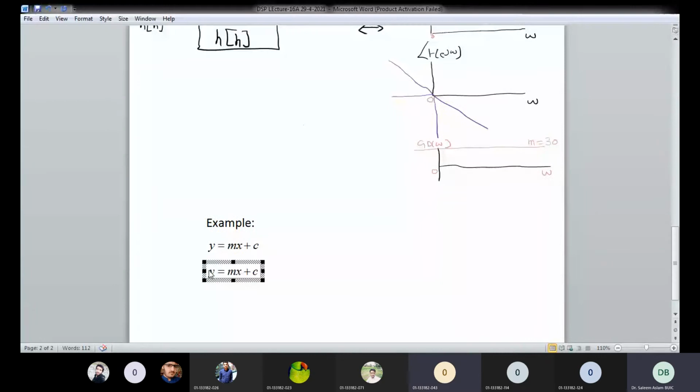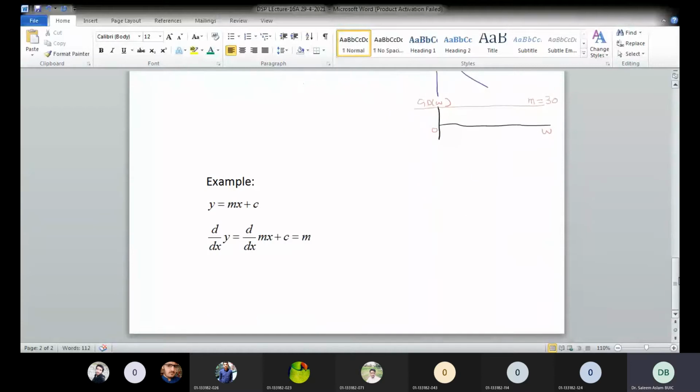M. Derivative is equal to m. dy by dx will be equal to m. Right, so this is a general linear phase system.